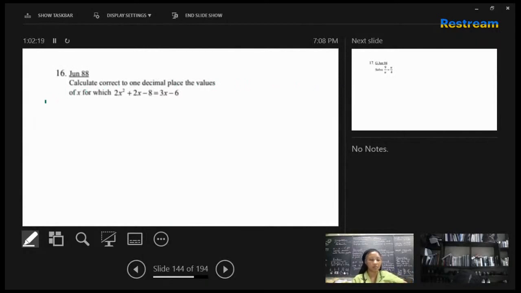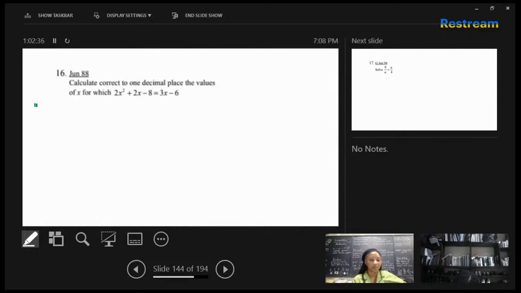Calculate correct to one decimal place the values of x for which 2x squared plus 2x minus 8 is equal to 3x minus 6. First, we're going to check if it can be factorized. You have to simplify it first.